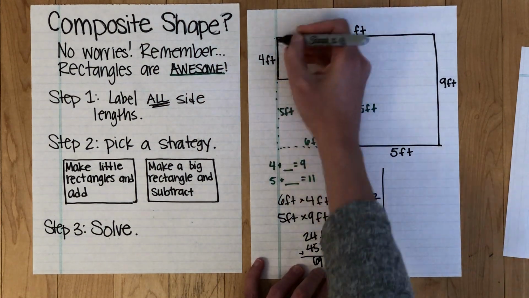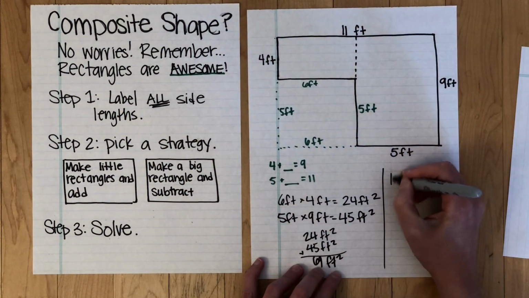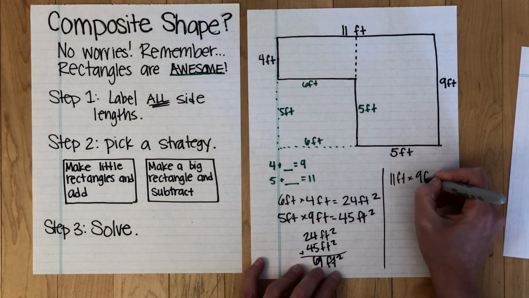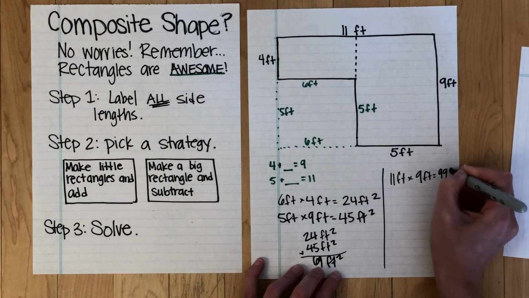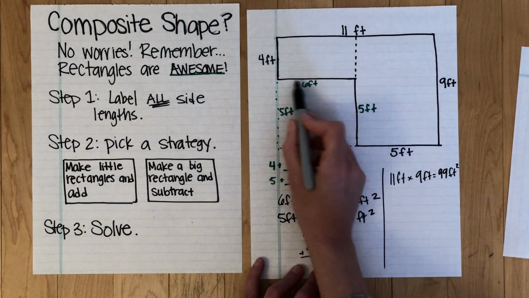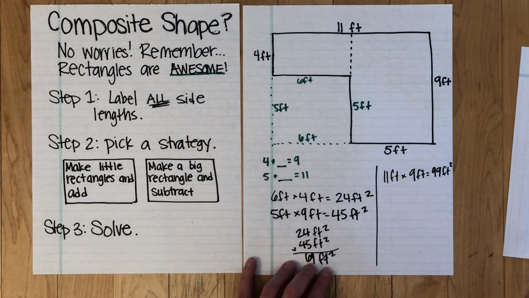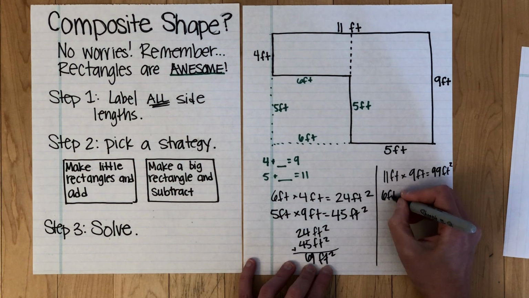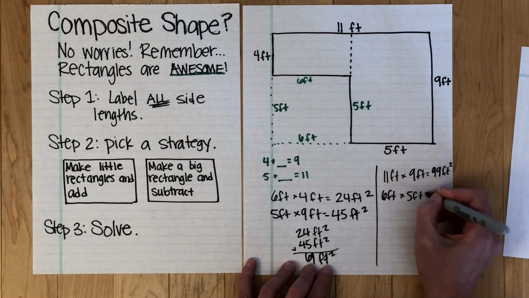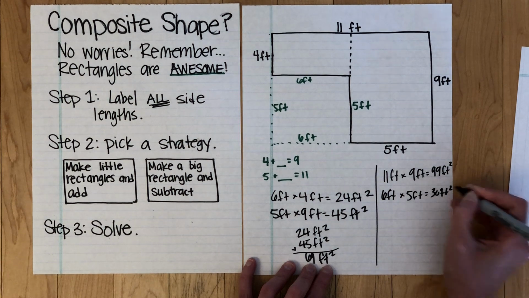I could also do it the other way. I could make my big giant rectangle, 11 feet times 9 feet equals 99 square feet. And I'm going to take my little rectangle, 6 feet times 5 feet. See, I labeled my side lengths, it makes it easy. 6 feet times 5 feet equals 30 feet squared.